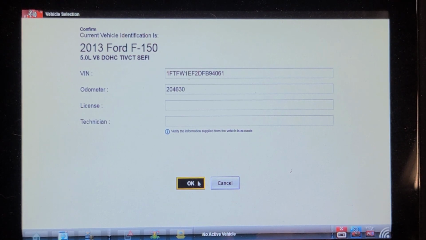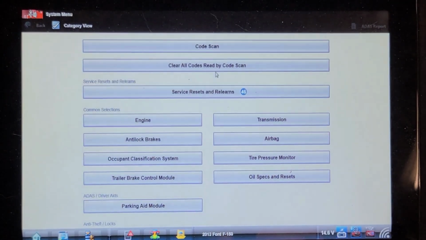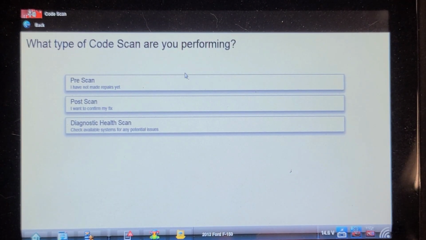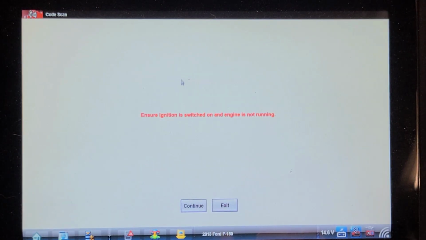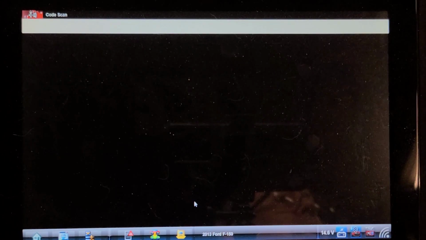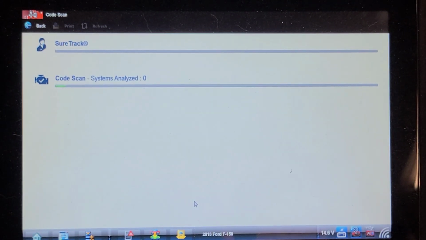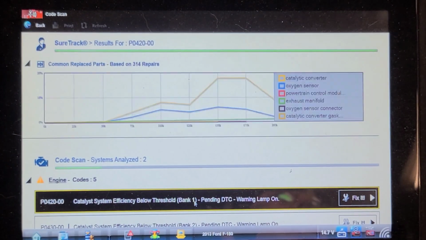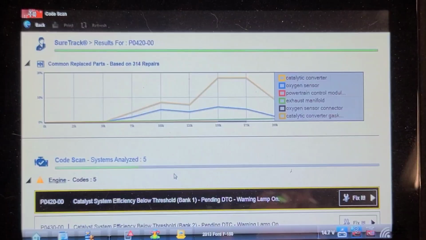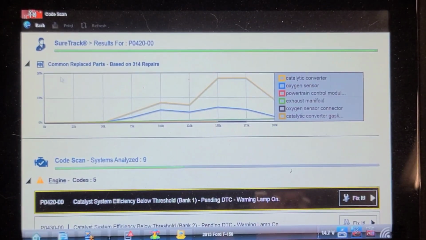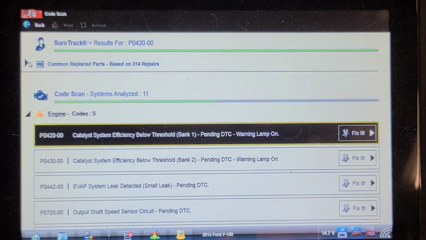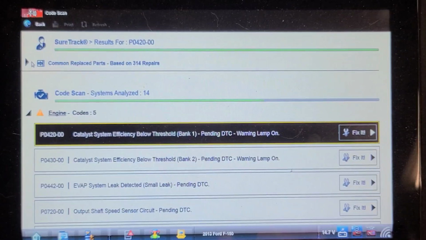Auto ID'd. Let's do a network code scan of all the controllers. Catalyst efficiency below limit. Evap system, small leak detected.